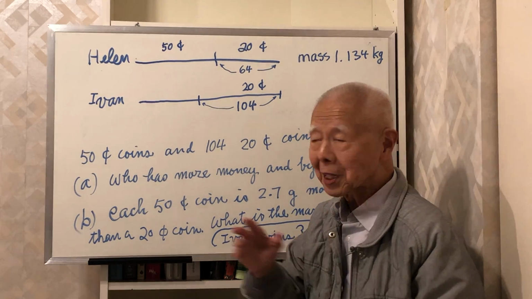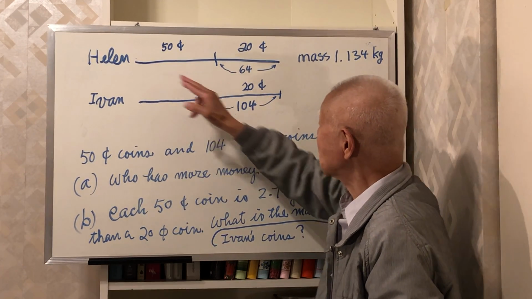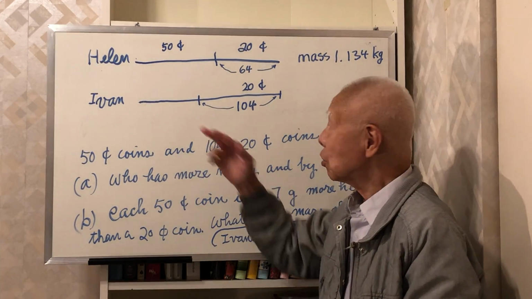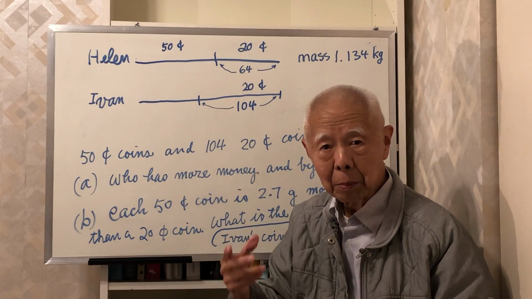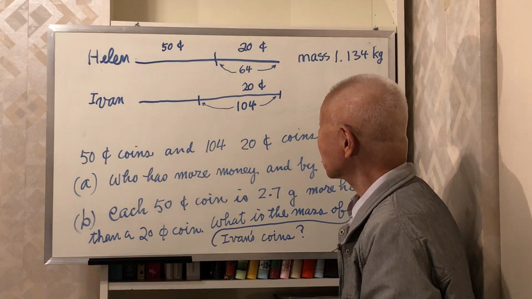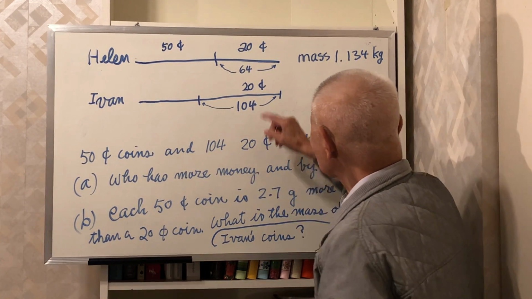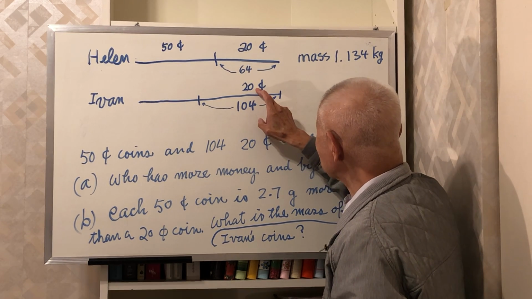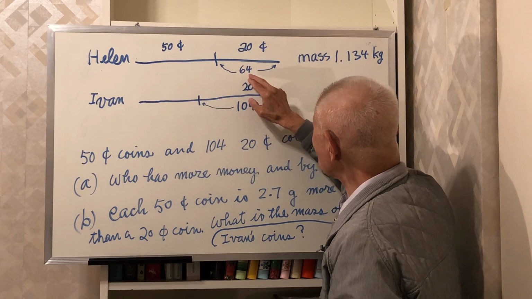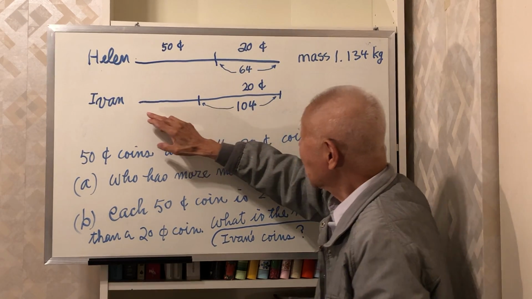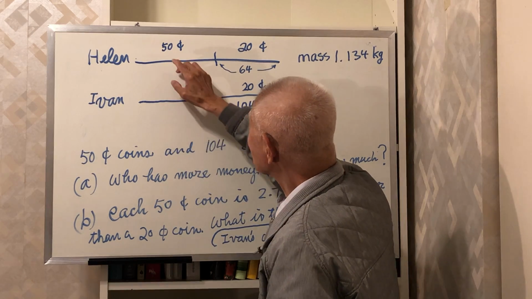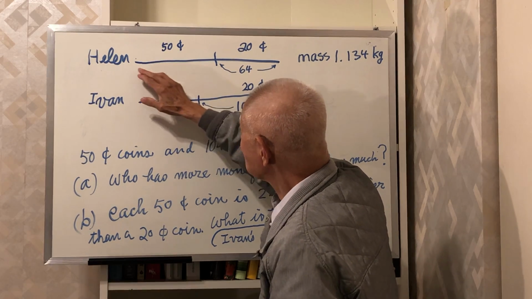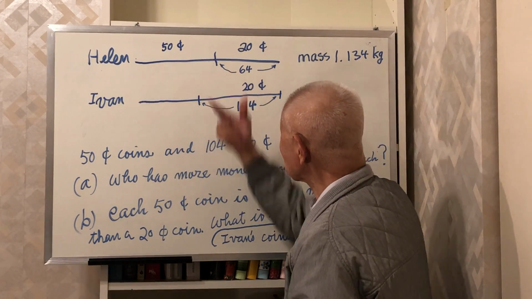I want to remind you that the total number here and the total number here, these two total numbers are the same. They have the same number of coins. Now you look at this. Ivan had 104 20-cent coins, but Helen has only 64. Therefore, Ivan had less number of 50-cent coins compared with Helen, right? Because the total number is the same.